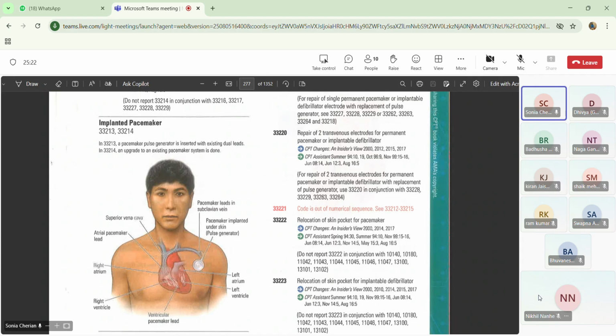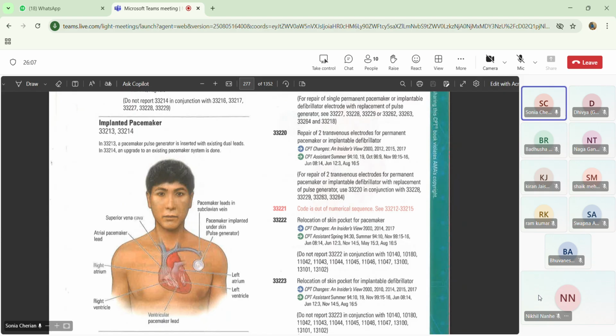But our work is to find out whether it was an initial placement, or a revision, or just relocation of the skin pocket, or just a removal of the battery and replacing the battery alone, or removal of the leads and replacing the leads alone, or totally removing the device system itself and replacing it with a new one, or it just came for some reading.